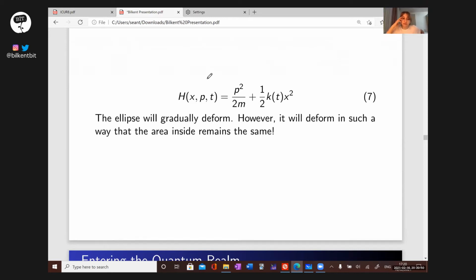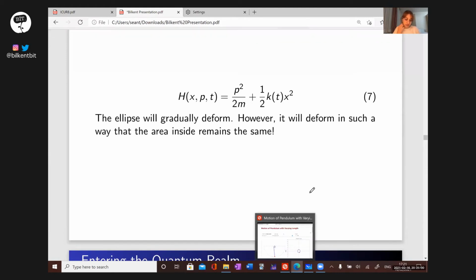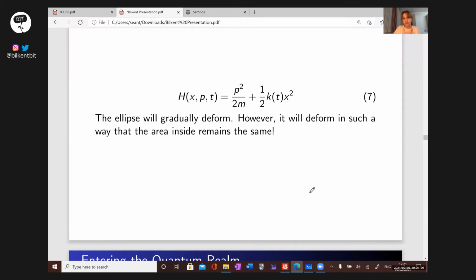Actually, I wonder something. You said that the area will be the same, and mathematically it is okay, but can we say that physically the total energy of the system also remains the same? Okay, that's a really great question.